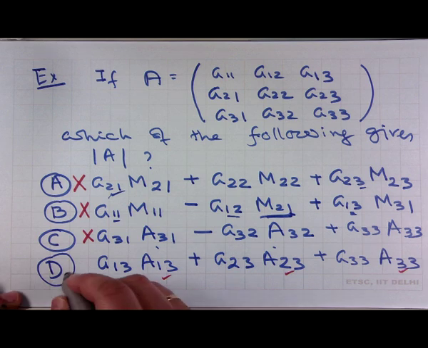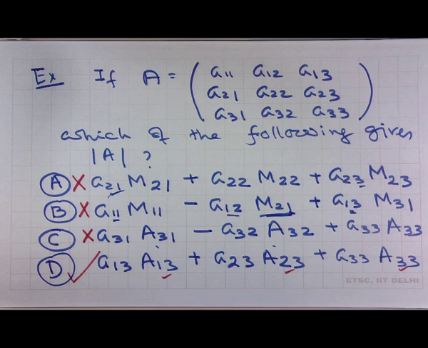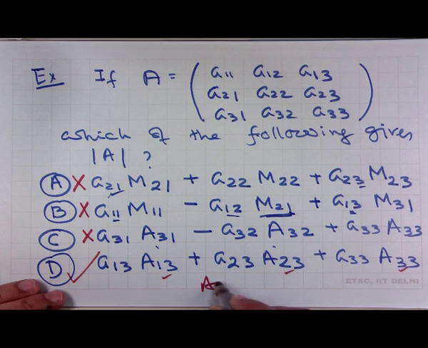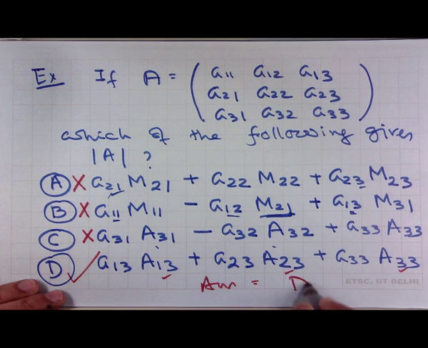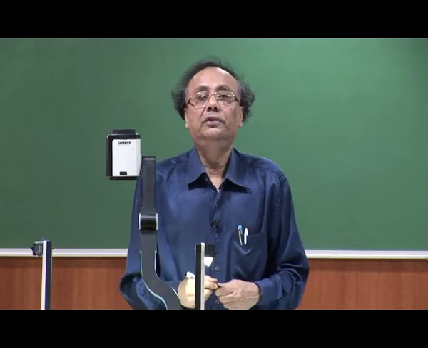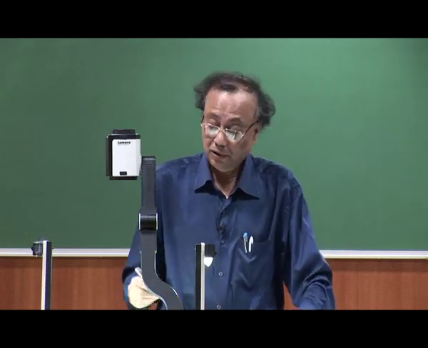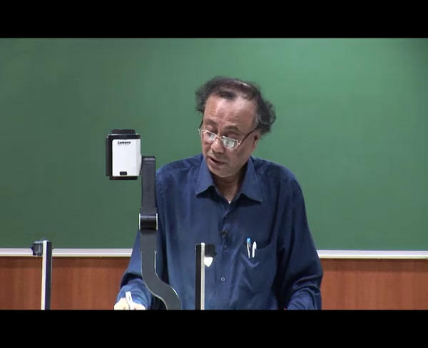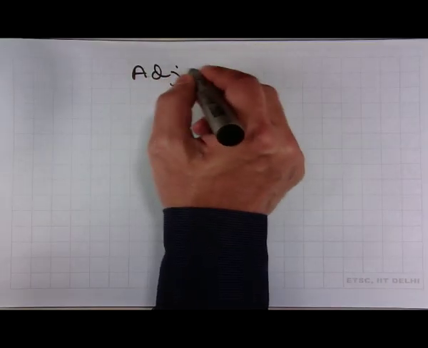Therefore, this is the right answer. Therefore, the answer is option D. Let me now introduce a new concept which is called adjoint of a matrix.